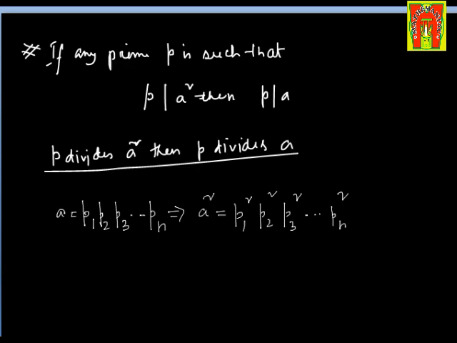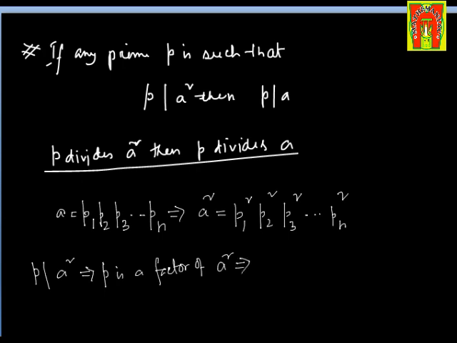Now start with this. p divides a square, right? p divides a square means p is a factor of a square. But remember, we said p is a prime, so it is a prime factor of a square.